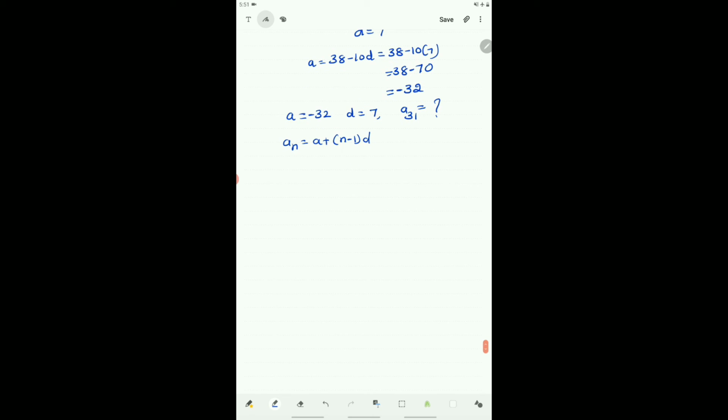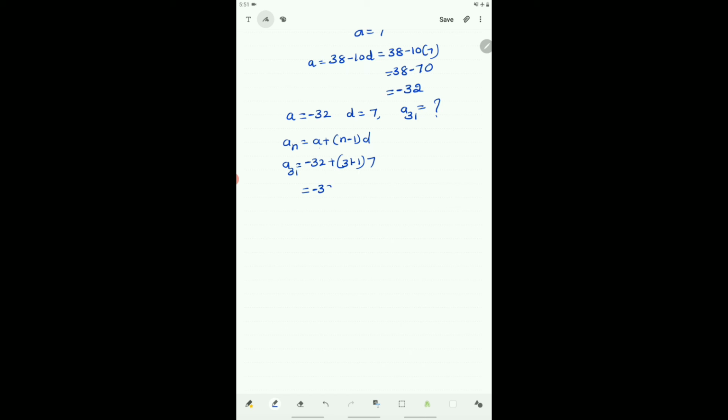Write the formula for AN. AN is equals to A plus N minus 1 into D. A is minus 32, and here you must find out A 31st. So A 31st is equals to A plus N minus 1 into D, that is minus 32 plus, N is here 31 minus 1, D is 7. That becomes minus 32 plus 31 minus 1 into 7.